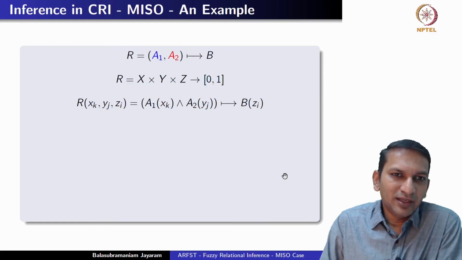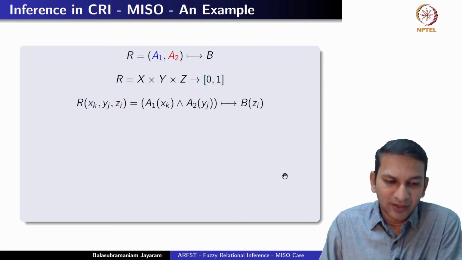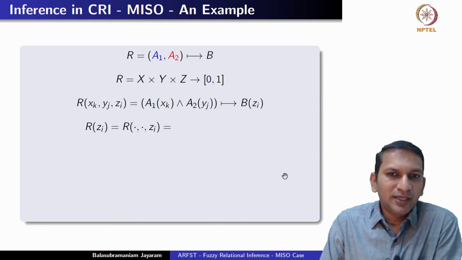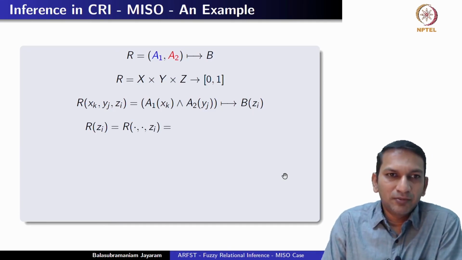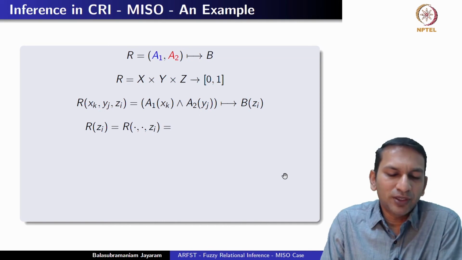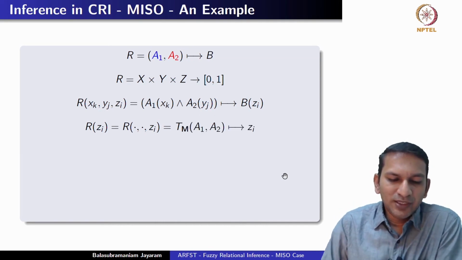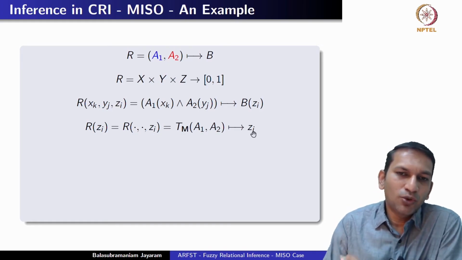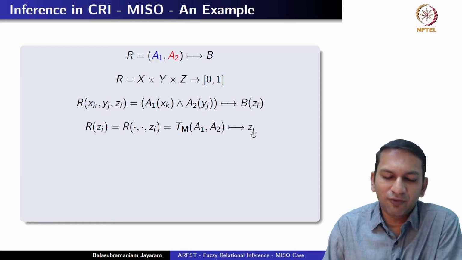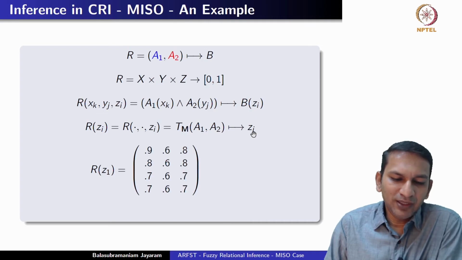Now clearly, this R is a 3-dimensional relation. So it's difficult to represent it in 2 dimensions. A better way to look at it is by fixing one of the components. Let's fix zi and let the other two vary. Essentially we are looking at the combined antecedent acting upon just one component of B. What do we mean by this? Look at this R of Z1.